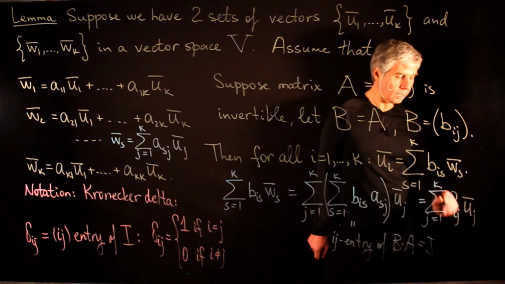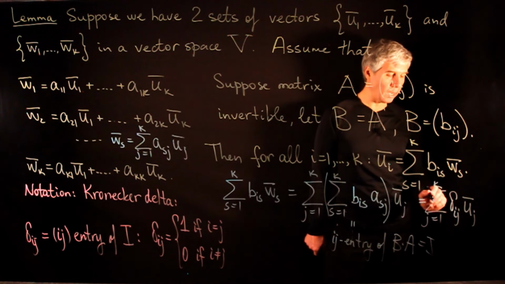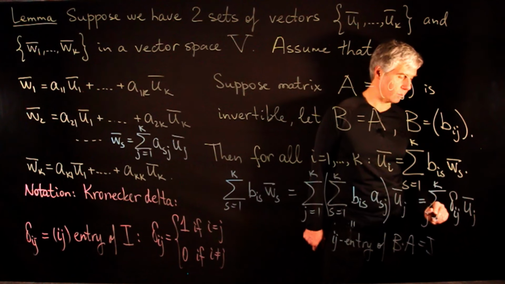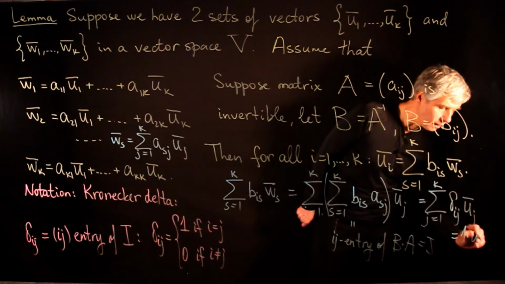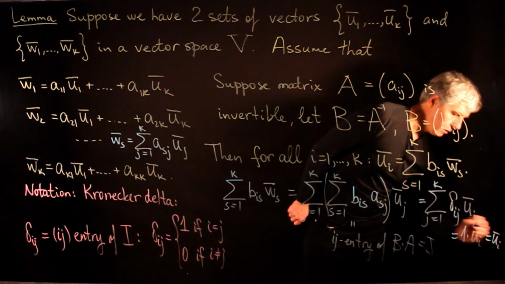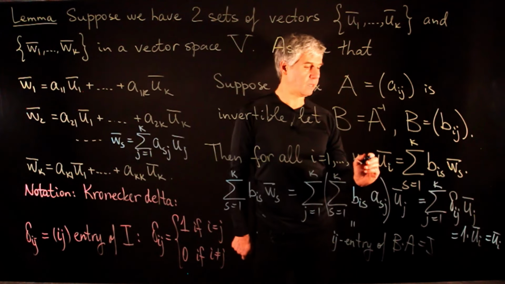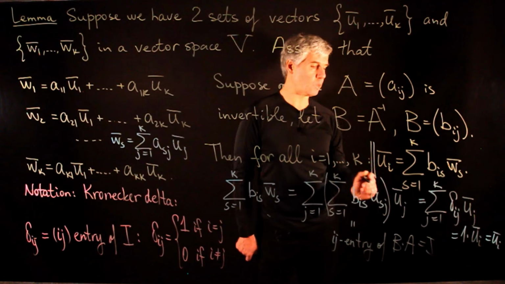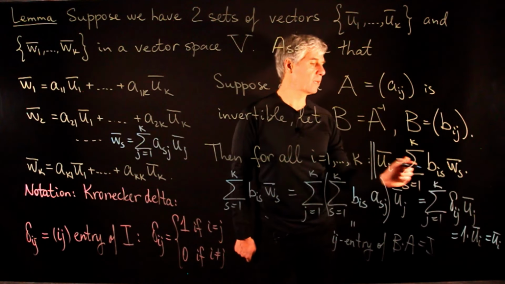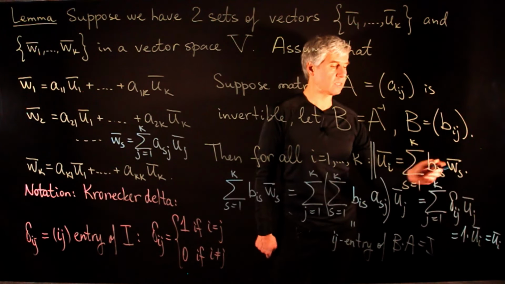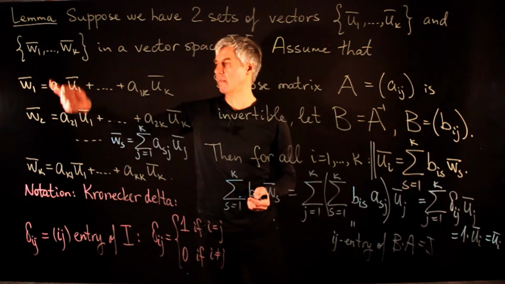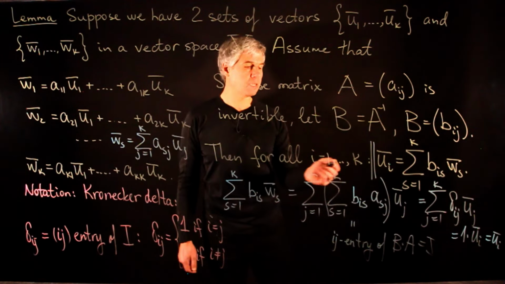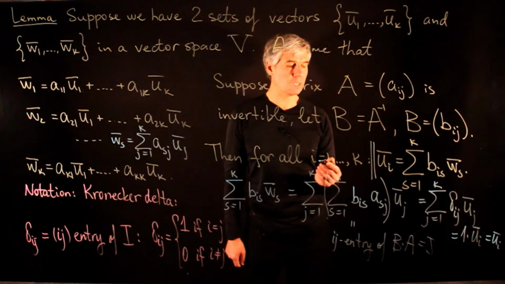All other terms, when j is not equal to i, become 0. And then what we get is 1 times ui, or just ui. In this way, we have derived this formula, that ui is expressed as this linear combination of ws. And i here was an arbitrary index from 1 to k.